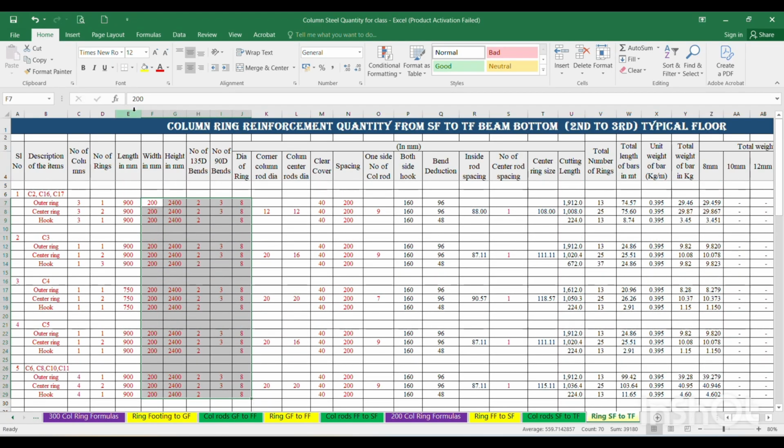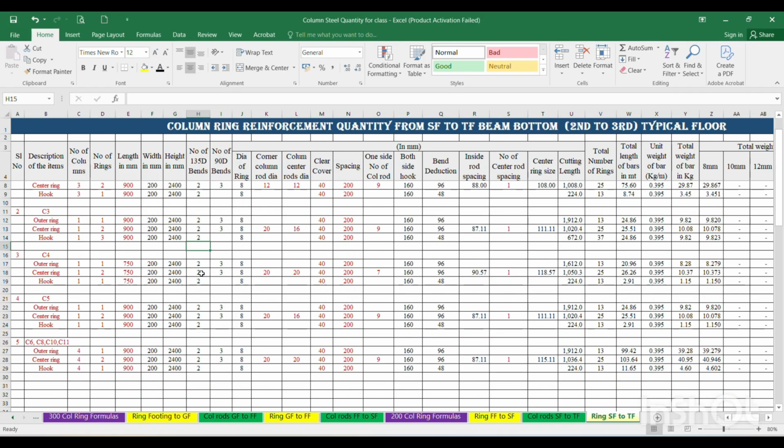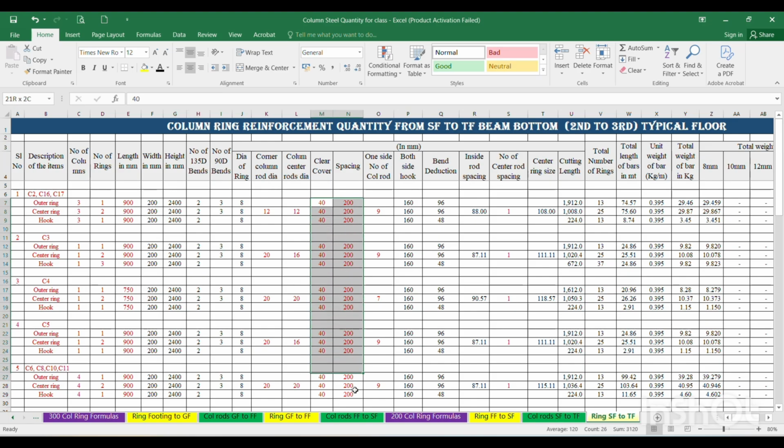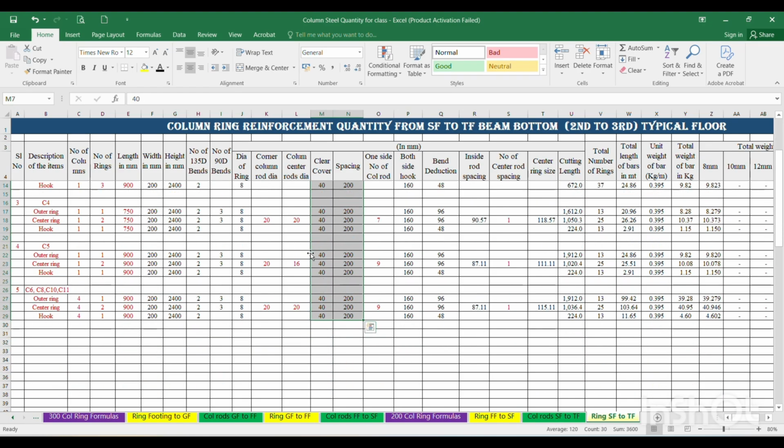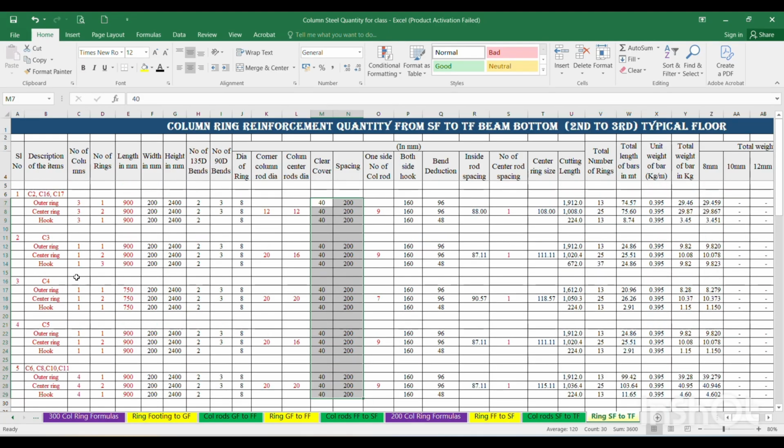So these are all the same entries in this project. In this column type, these are all the same, so no need to enter. And again the cover and spacing are also the same, so no need to enter. Only the remaining ones, this column type and column number, have to be entered.